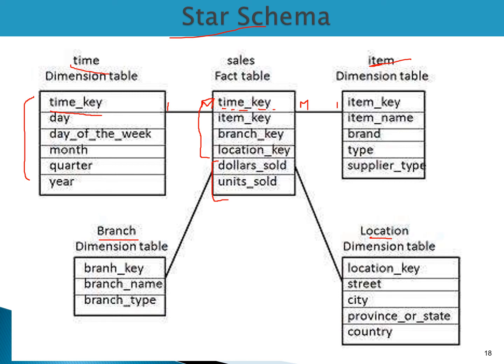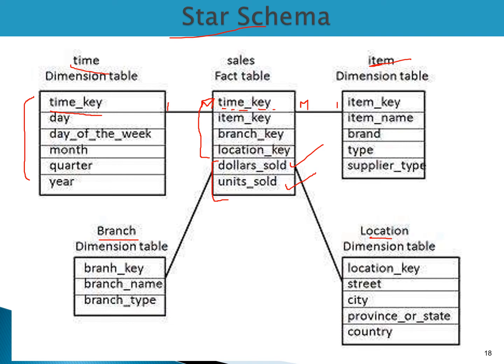Basically facts are numeric attributes. The keys can also be numeric, but facts are those numeric attributes that are non-key. The key attributes, if numeric, can't be facts. Facts are non-key numeric attributes, for example dollars sold and units sold.